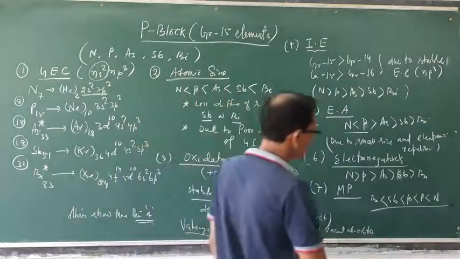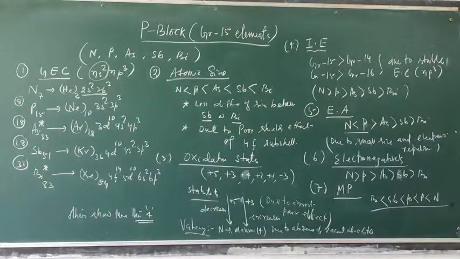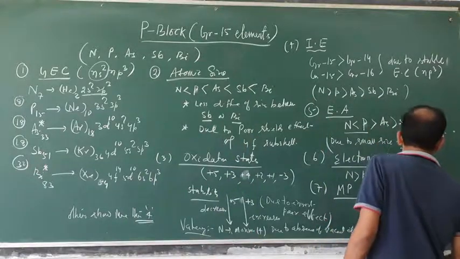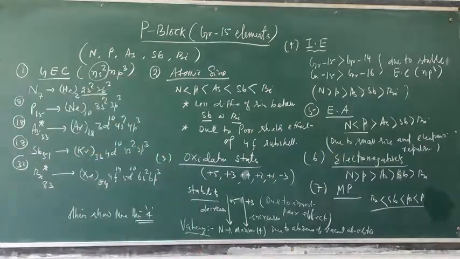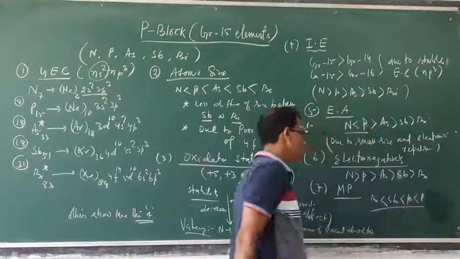Nitrogen, as it is small size, generally is less compared to the others. If you compare arsenic and phosphorus, phosphorus will be greater because of more covalency.